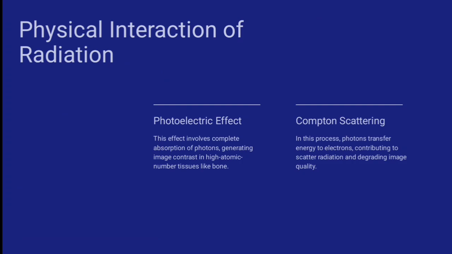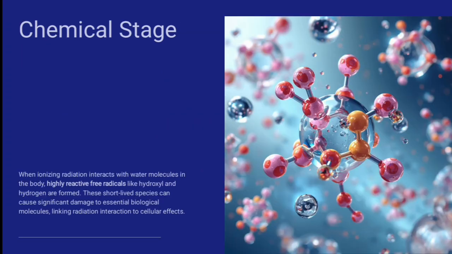Chemical stage. Then we discuss the chemical stage: formation of free radicals. Human cells are composed of approximately 70% water.